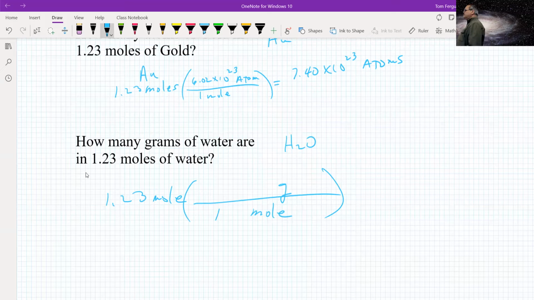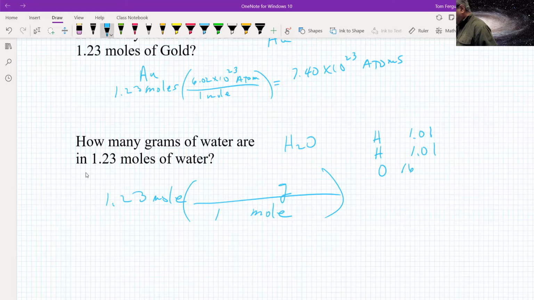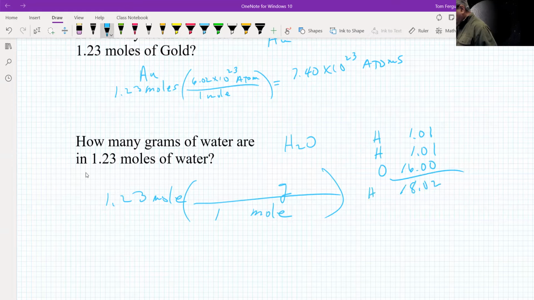You all know water is formed as H2O. So we need to find the atomic mass of 2 hydrogens and 1 oxygen. Hydrogen is 1.01, oxygen 16. So the molar mass for water is 18.02 grams per mole.